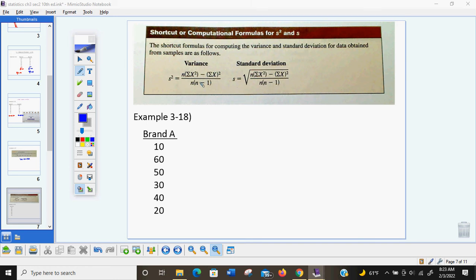Let's talk about variance and standard deviation. If you look at these formulas, this is the same thing that's under the radical here, okay? So variance is called S squared. If you take the square root of that, standard deviation is called S. All right, now remember, those are the Roman letters.